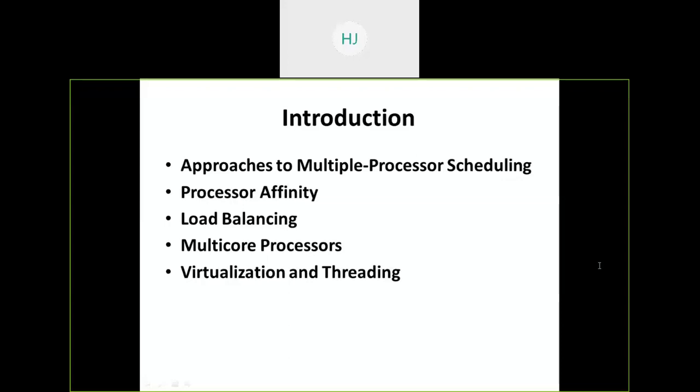Next point is virtualization and scheduling. In this type of multiprocessor scheduling, even a single-CPU system acts like a multiprocessor system with virtualization. Virtualization presents one or more virtual CPUs to each of the virtual machines running on the system and then schedules the use of the physical CPU among the virtual machines.